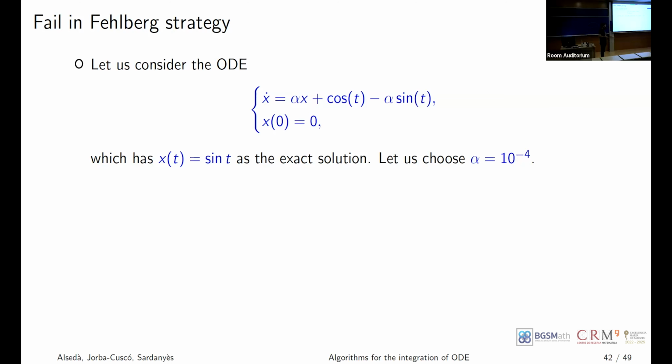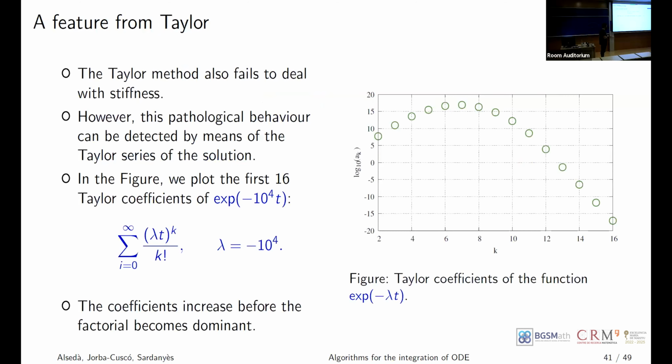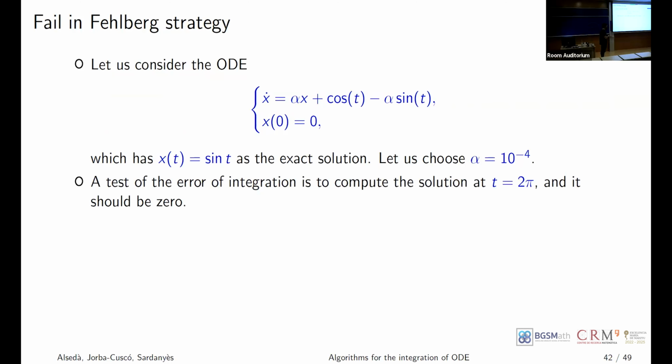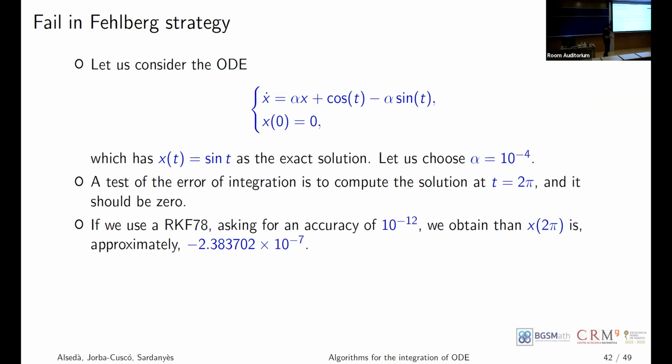And since I already know the solution, I'm going to integrate time to pi, and then I should get 0. Right? So I use a Runge-Kutta-Fehlberg asking for accuracy 10 to the minus 12, and I get this.